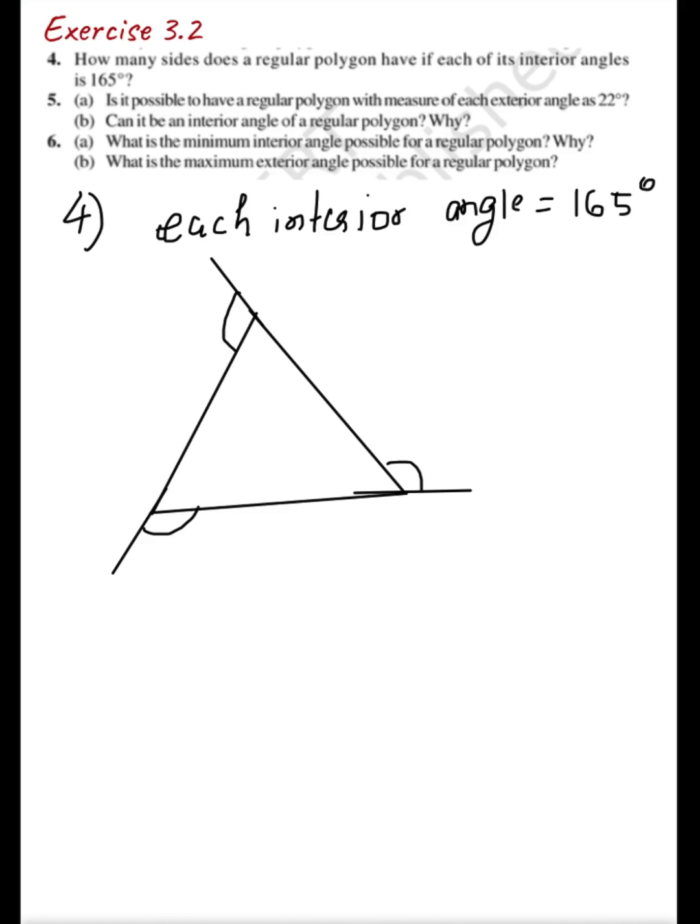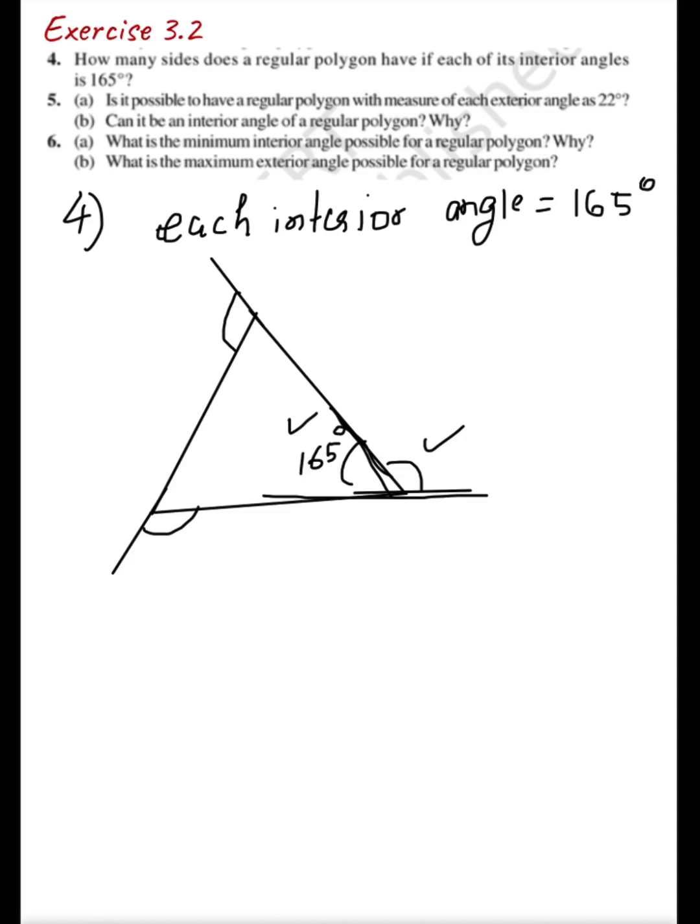But in the question, it's given that the interior angle is 165 degrees. I'm just taking a triangle, but this will not be the actual case. Here you can see that if this is the interior angle, this is the exterior angle, and both will form a linear pair.